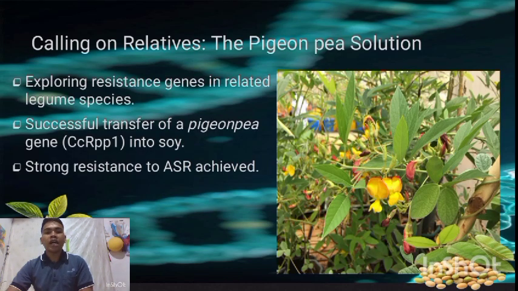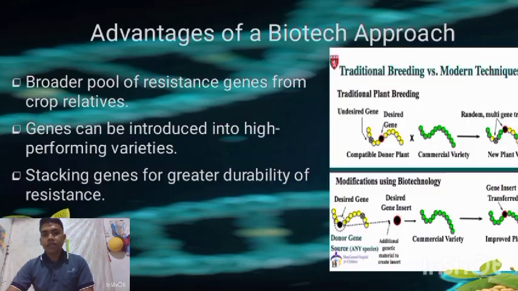So finally, our experts have found resistant genes to Asian soybean rust in pigeon pea, CcRpp1, and it can resist the rust. Because of biotechnology, it is possible.